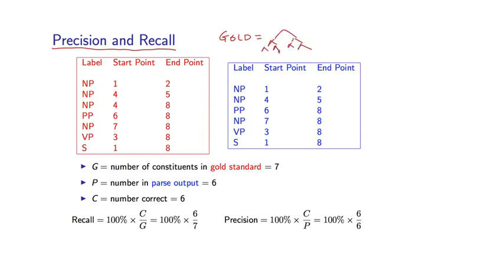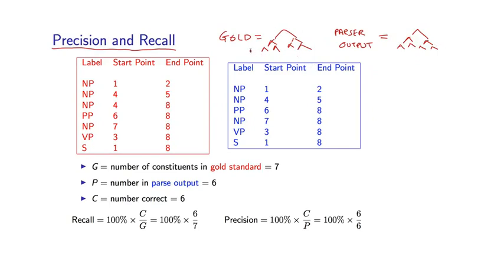So I have some test sentence and I have the human annotated tree. This is taken as being correct. And then I have some parser output, which is also a tree, which may be exactly the same as the gold standard tree, or may be partially correct in that it may include some substructures which are also seen in the gold standard tree.